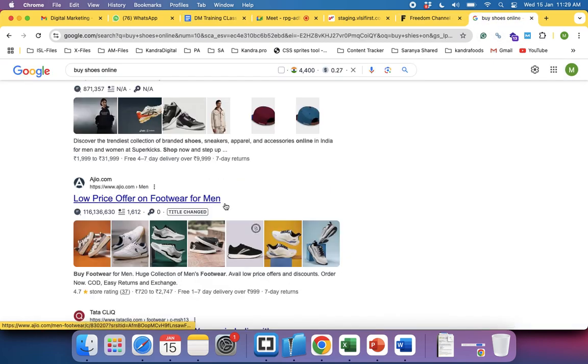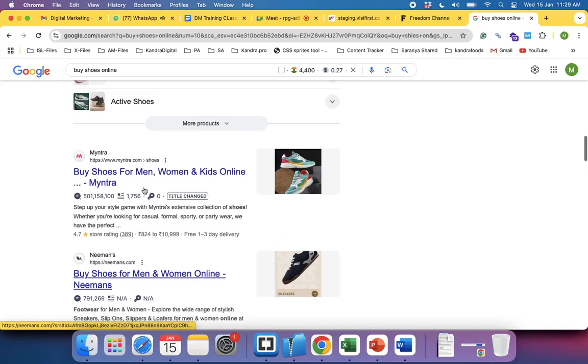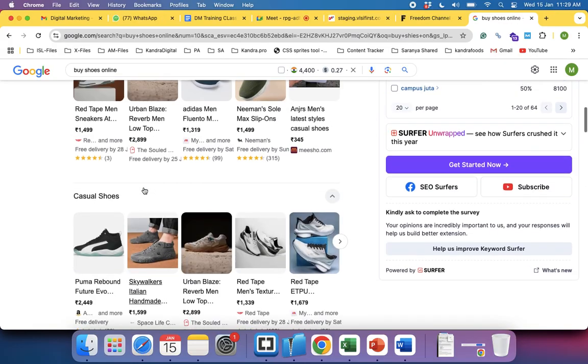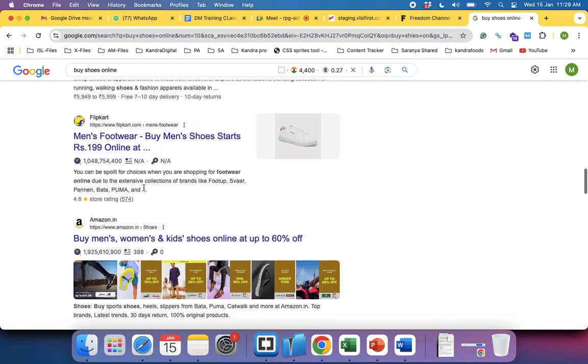Even then, Flipkart, though it has not mentioned men and women, is ranking... not second, one, two, three, fourth position. Flipkart is ranking in fourth position. So though it has put the negative, it is still ranking in the fourth position because of its brand credibility.